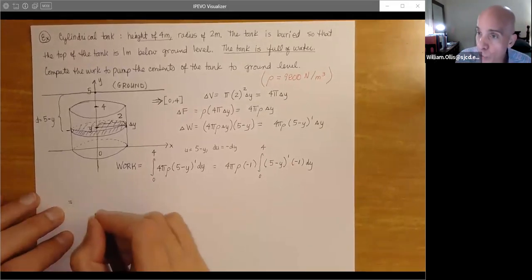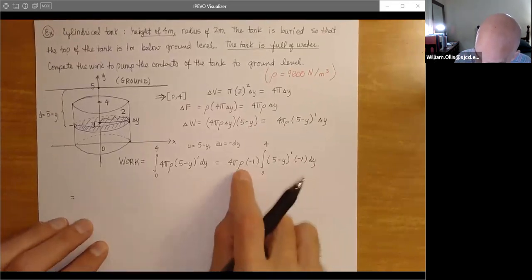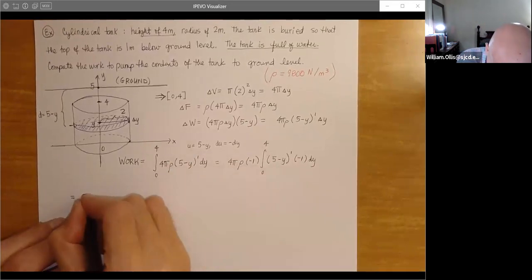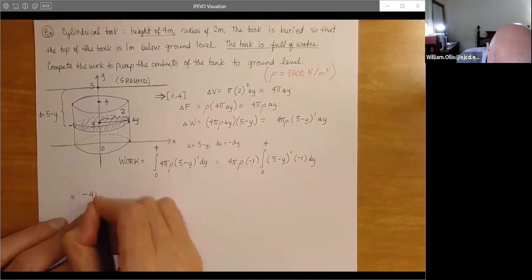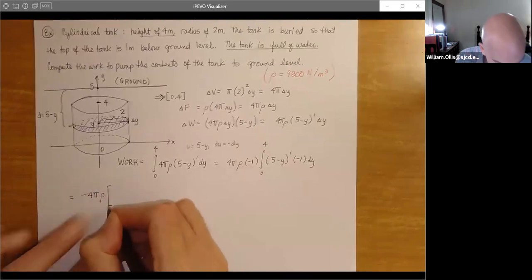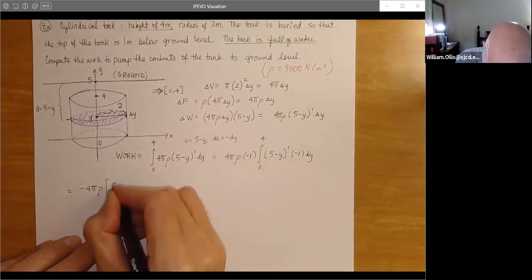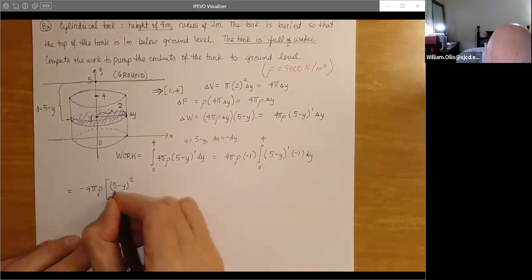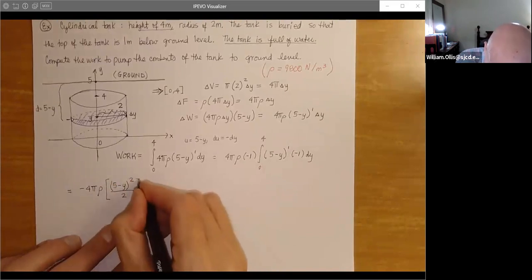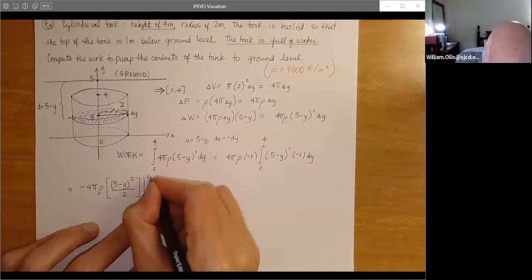Table ready will be something Professor Ron will say quite a bit. So now we've got the negative 4 pi rho, and we can integrate in this particular case. So this will give us 5 minus y quantity squared over 2. Even though the integrals aren't very difficult, they're certainly very important, from 0 to 4.